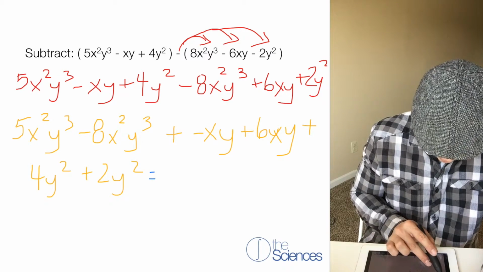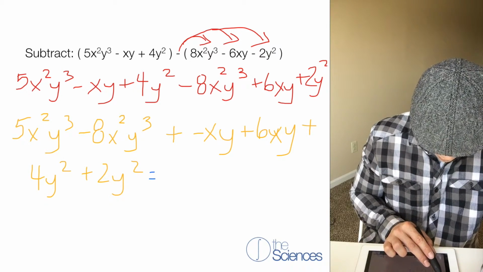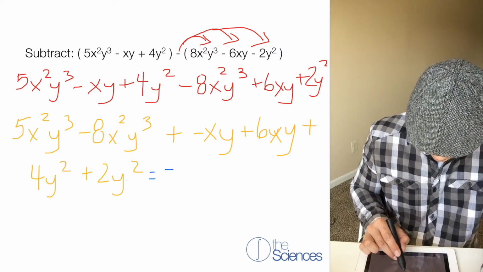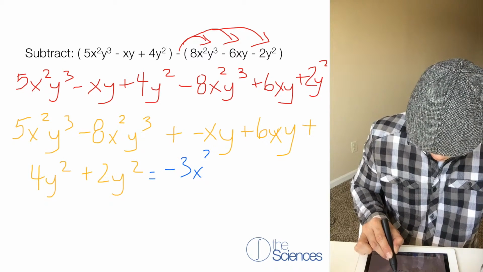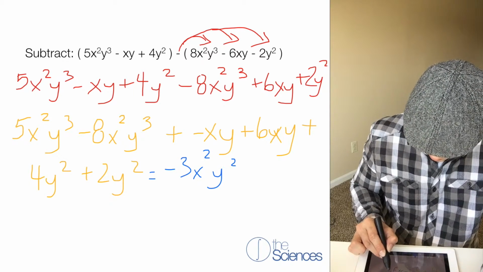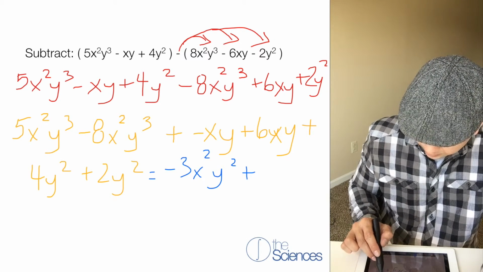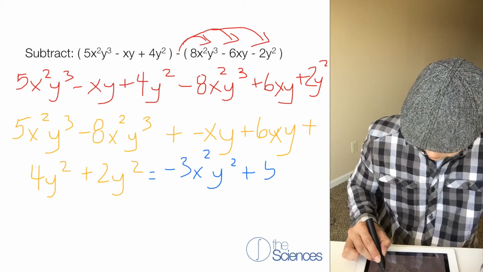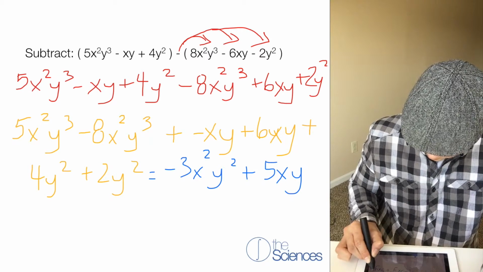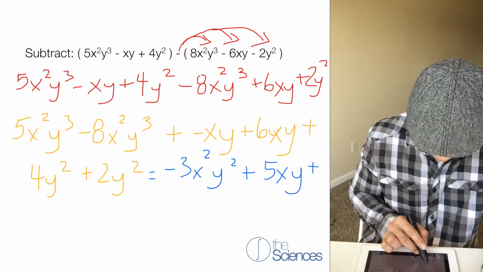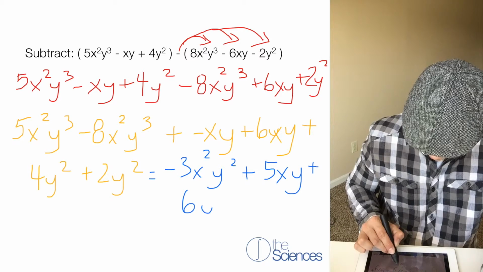So that gives us 5 minus 8 is negative 3x squared y cubed, plus negative xy plus 6xy is 5xy, plus 4 plus 2 is 6y squared.